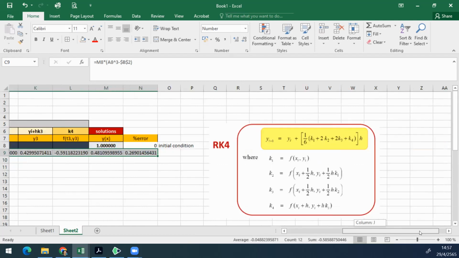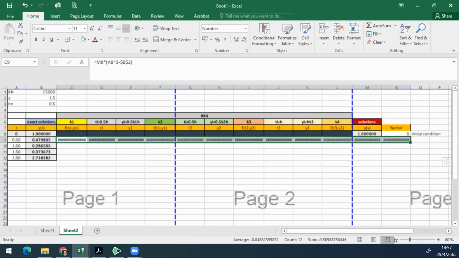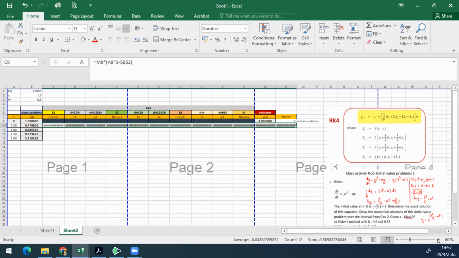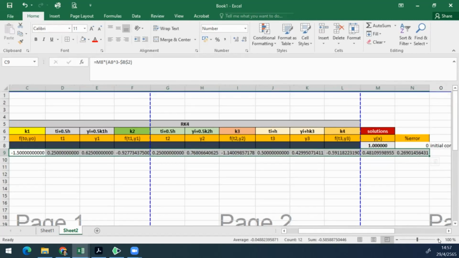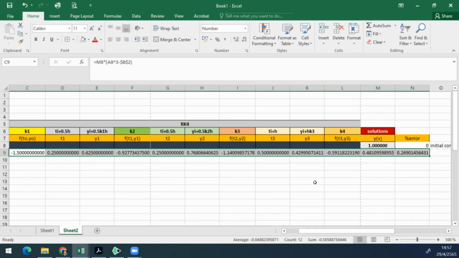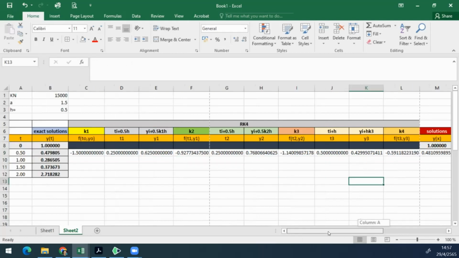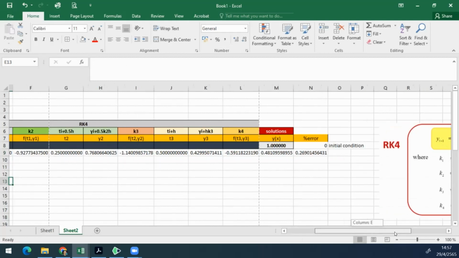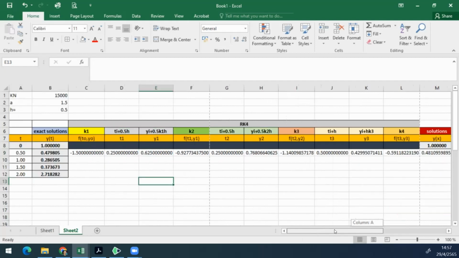So for this case, we have this value, right?